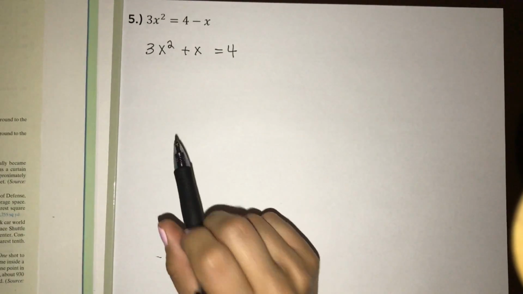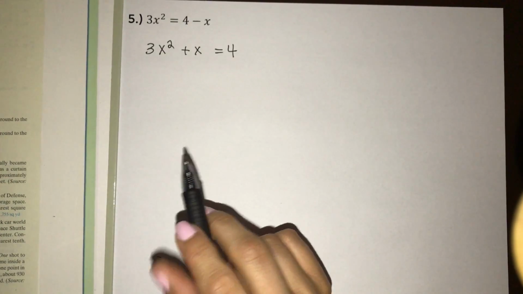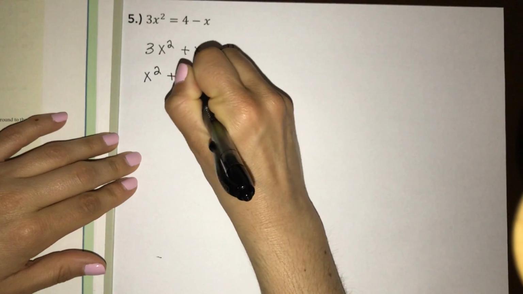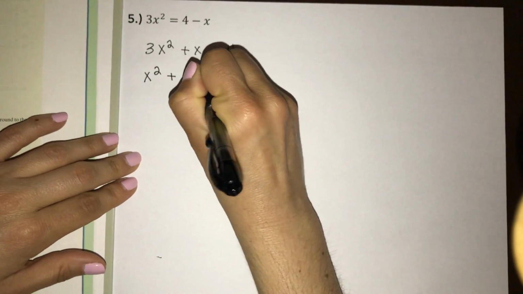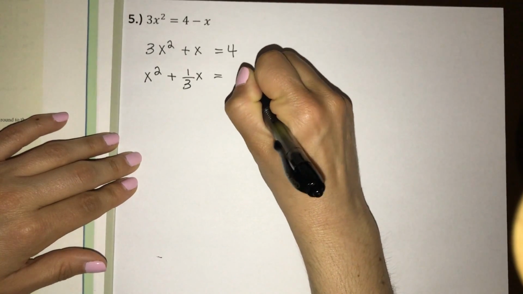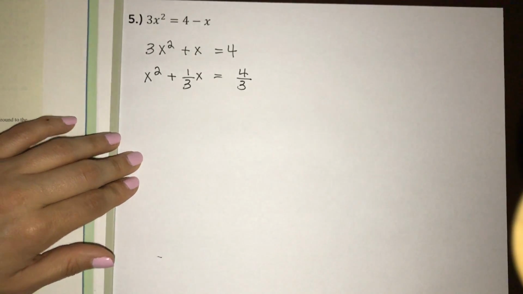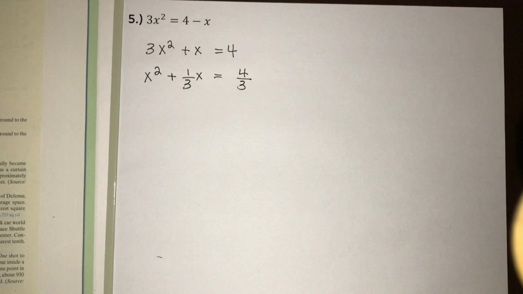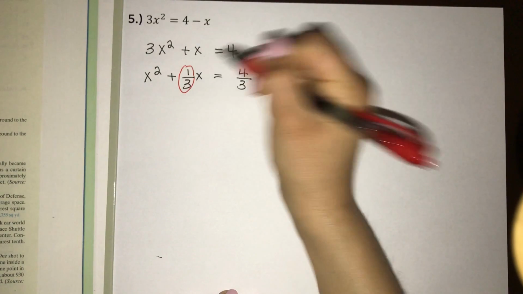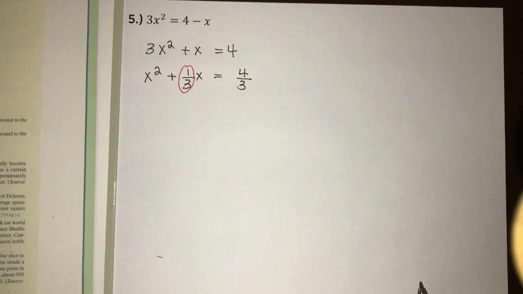And in this case, when we divide by 3, we will get fractions, but that's okay. Okay, so I end up with these fractions. And now our b value is a fraction. So our b value up to this point was always an integer.